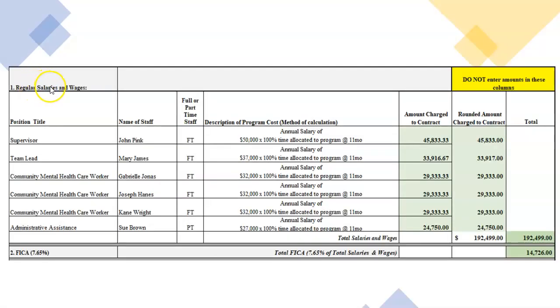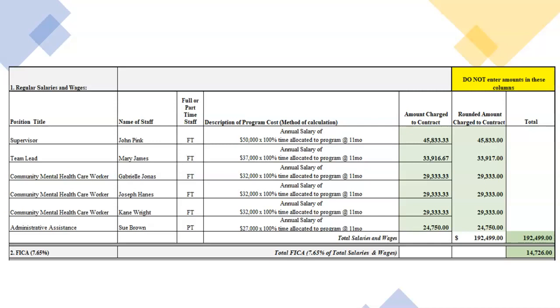The first section we will complete is your regular salaries and wages. In this section, you will only include positions that are direct cost to the program. This includes those program staff positions that perform activities that are exclusively associated with the specified CSC program.